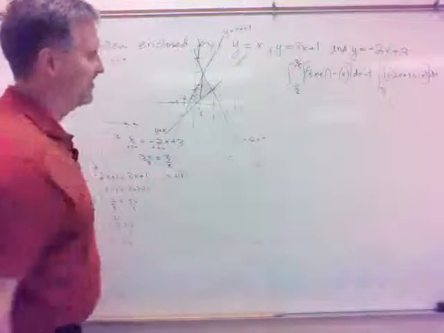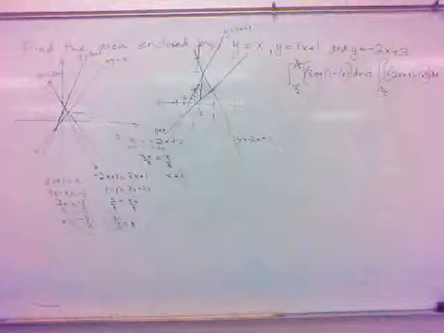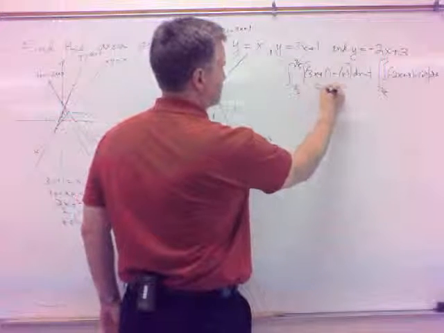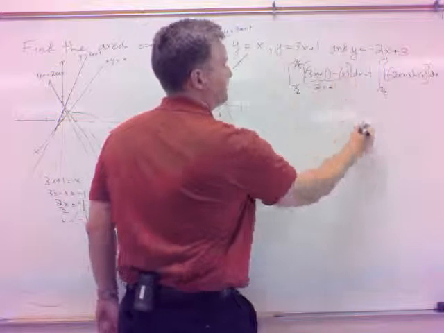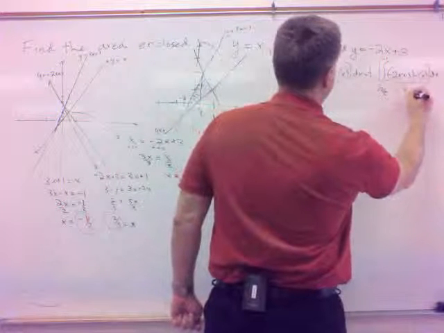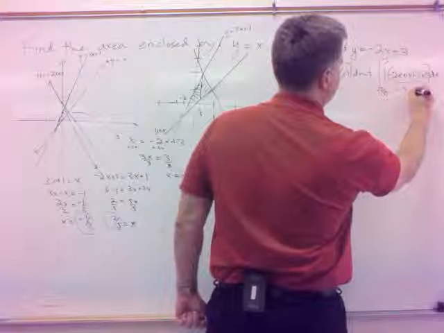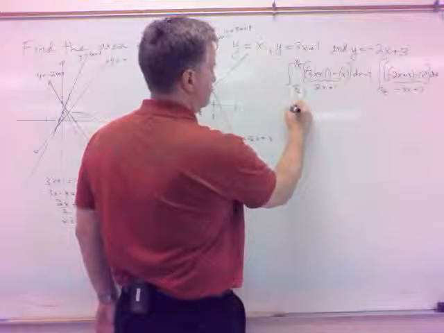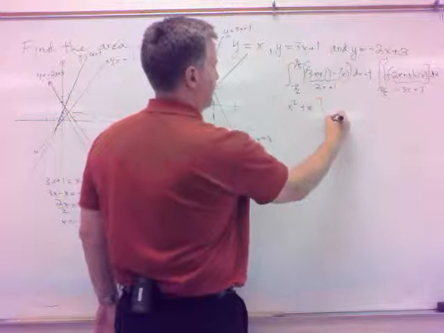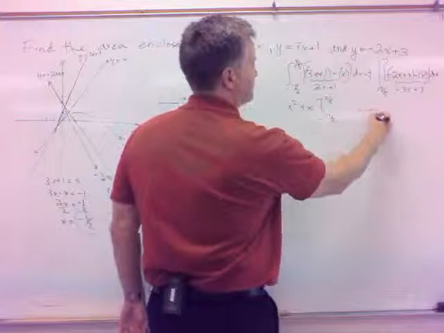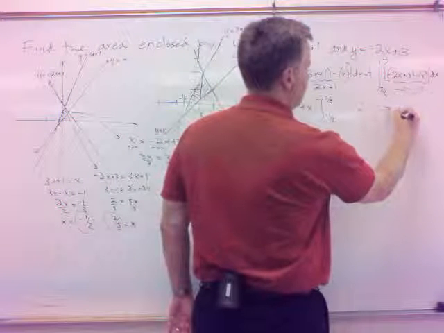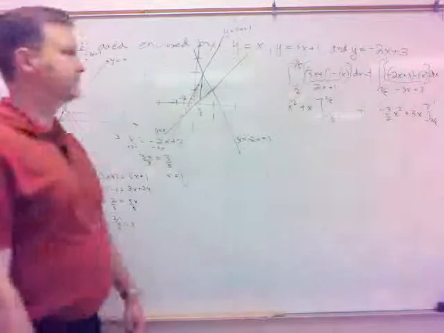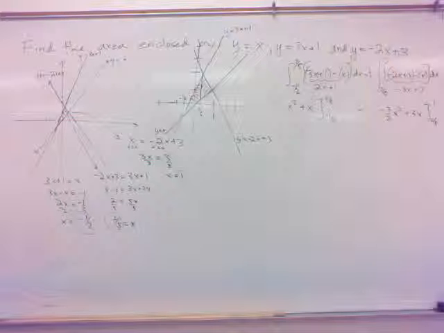Well, that's the hard part. Easy part's now integrating, I guess. That would be 2x plus 1 all told when we combine them. And this would be minus 3x plus 3. Combine those, so it'd be x squared plus x from negative a half to 2/5. And this would be negative 3/2 x squared plus 3x from 2/5 to 1. Did I do that right?